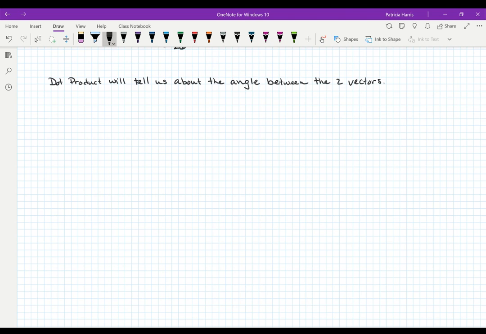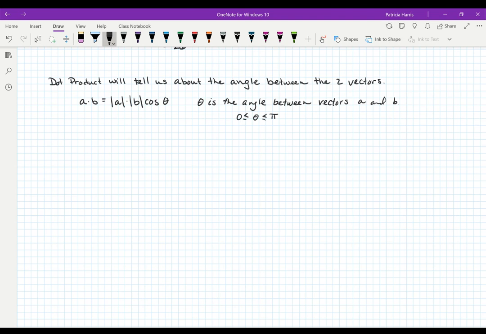So it turns out that A dot B, being two vectors, is equal to the magnitude of A times the magnitude of B times the cosine of theta, where theta is the angle between the vectors A and B. Now the theta that we're going to get is always going to be between 0 and pi.